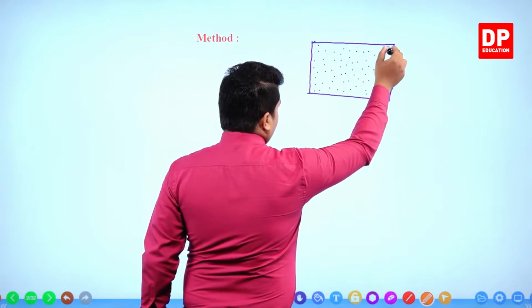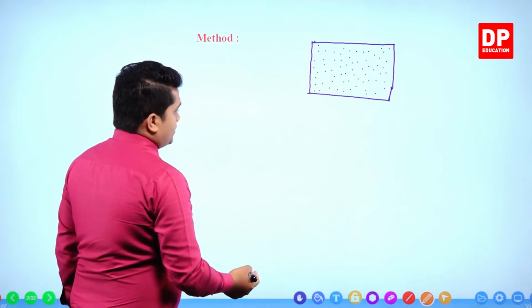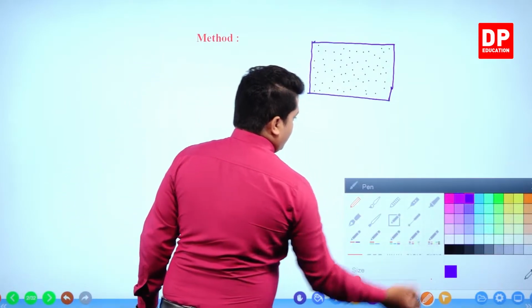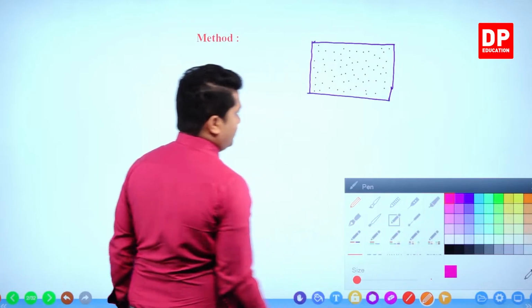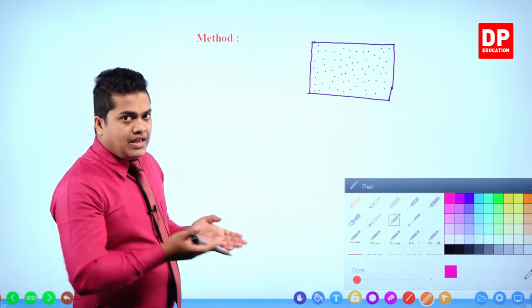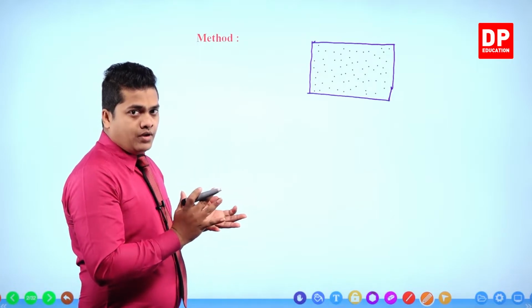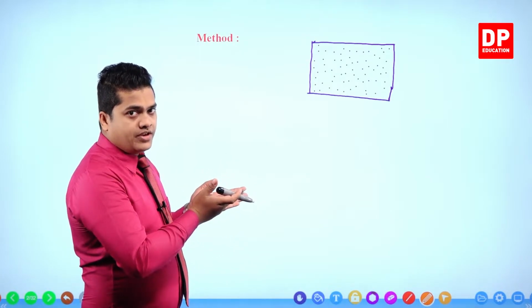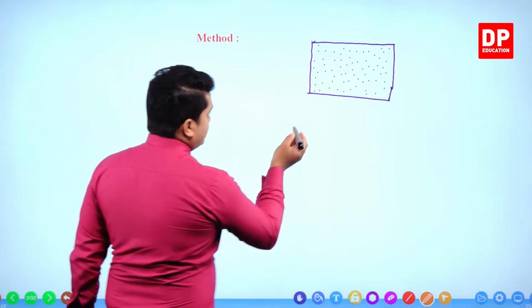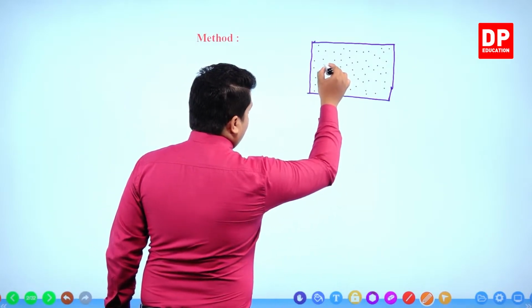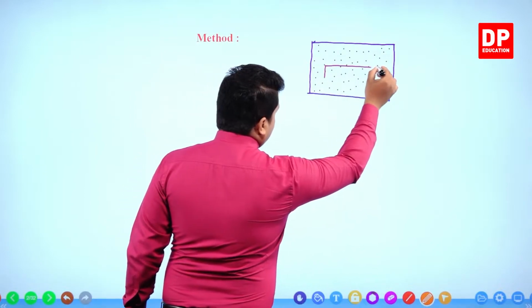Then you have to take the bar magnet and place it below the A4 sheet, not from the top but from below it. You place the bar magnet below the A4 sheet like this.